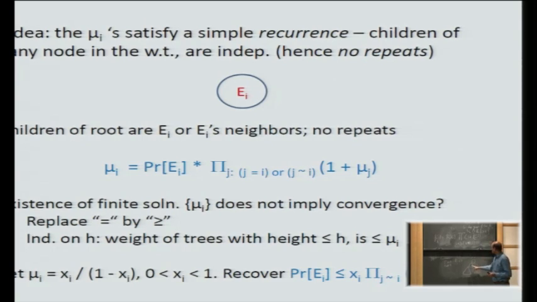Let's just do a simple case analysis. If this node Ei is replicated as a child, then in fact there can be no other children, because if this was Ei and these other guys were neighbors of Ei, then there will be edges between these. So there are two cases. If you look at this root node, either it has Ei as a child, in which case that child has to be a singleton, or all the children have to be different from Ei.